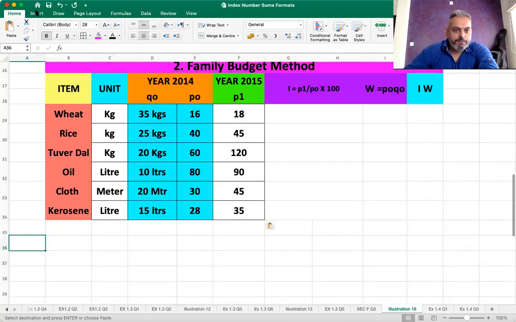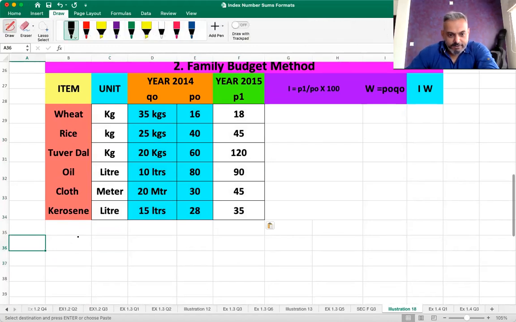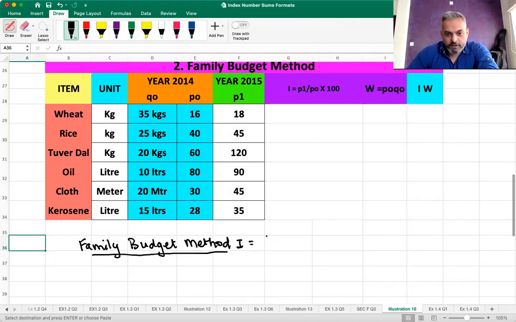Index number as per the family budget method is equal to sigma IW upon sigma W. But over here in this sum, the index is not directly given and weights are also not given.